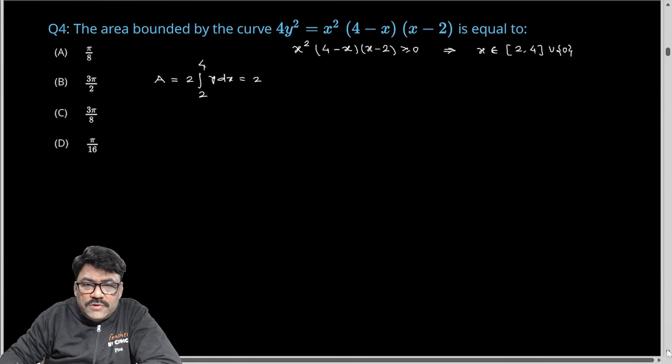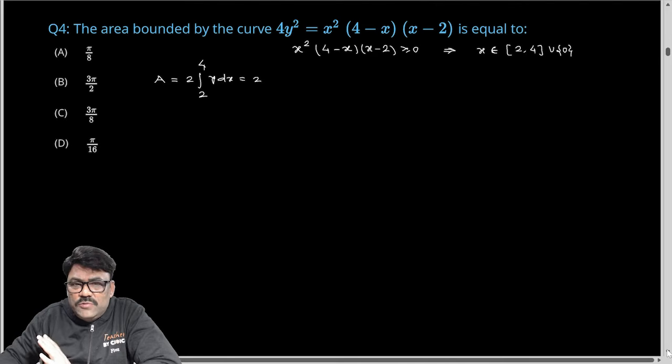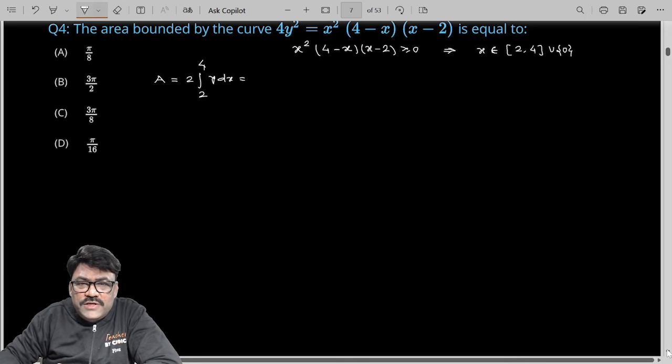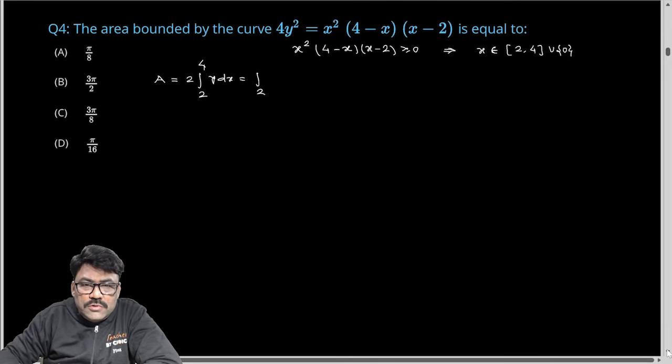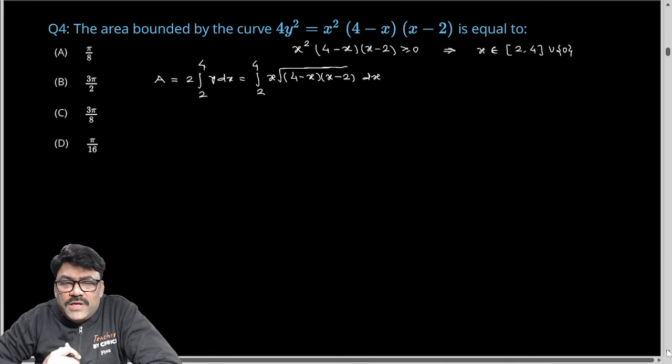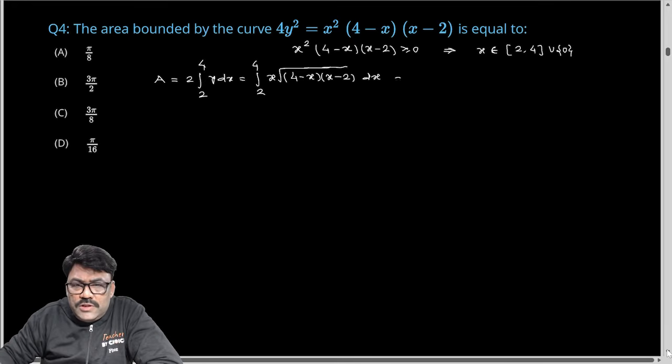So it is 2 times the integral from 2 to 4 of x√(4 − x − 2) dx, under root actually here. Now x is outside the root.